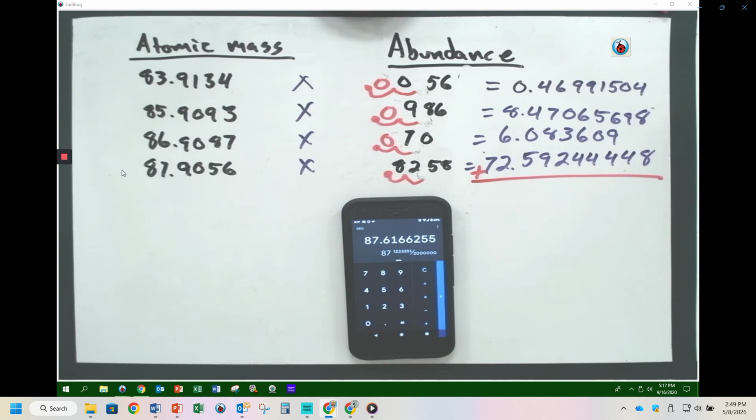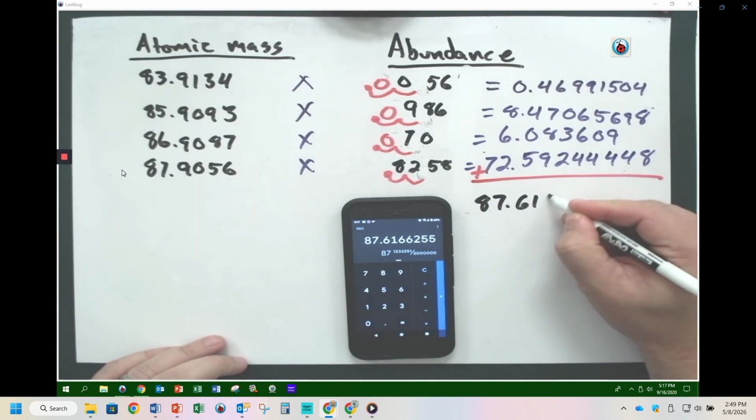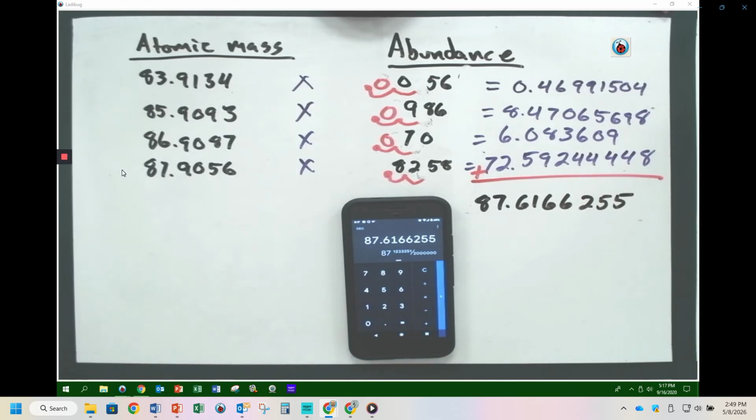So all of that together adds up to 87.6166255.